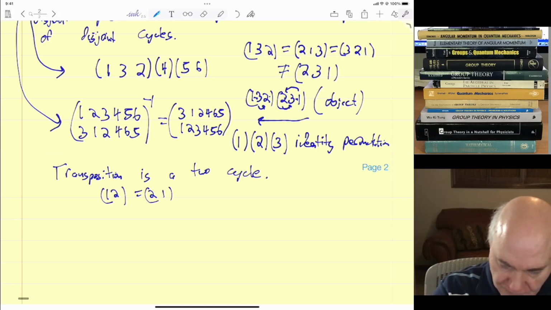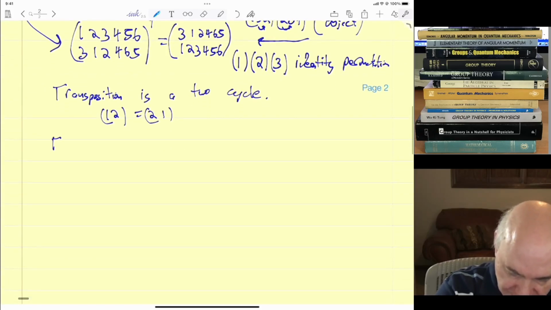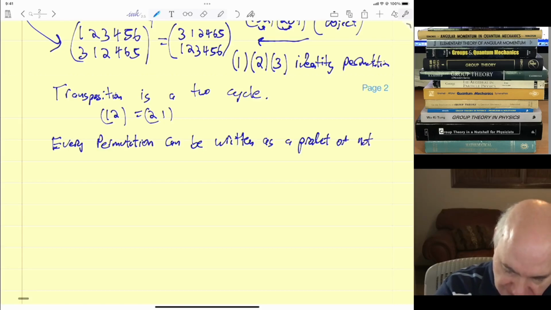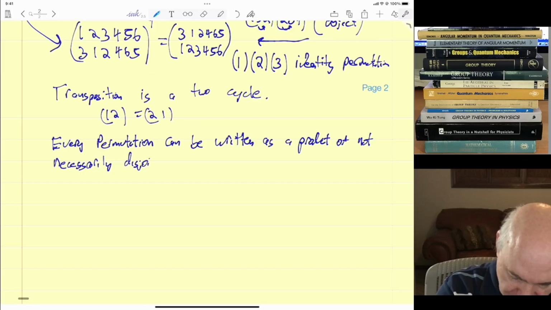Now it's easy to show, again, I'm not going to prove any of these things because they're so easy, but every permutation can be written as a product of not necessarily disjoint transpositions.